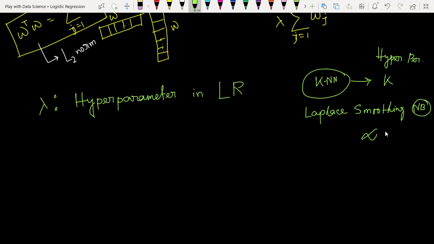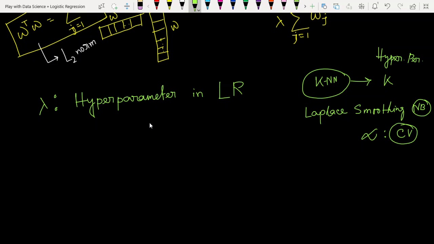This hyperparameter is alpha. In naive Bayes, the hyperparameter of Laplace smoothing is alpha. And how to find our best alpha? Using cross validation, we find our best alpha.